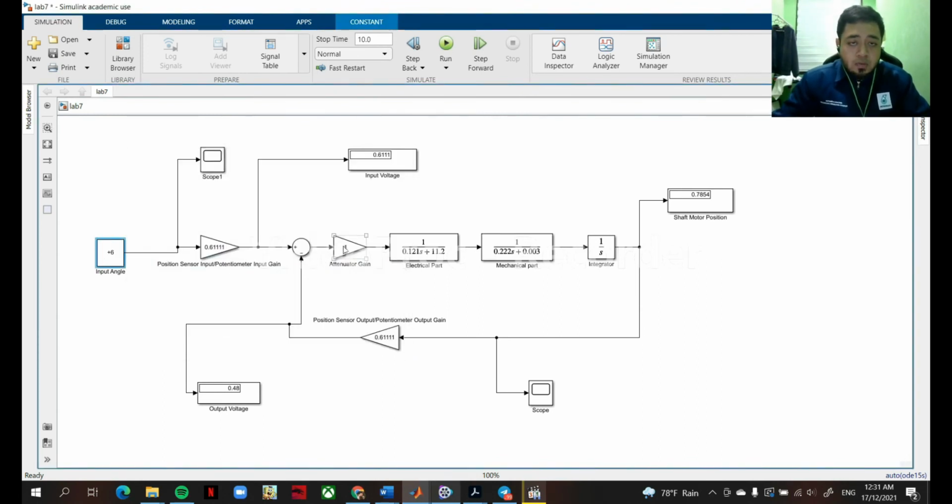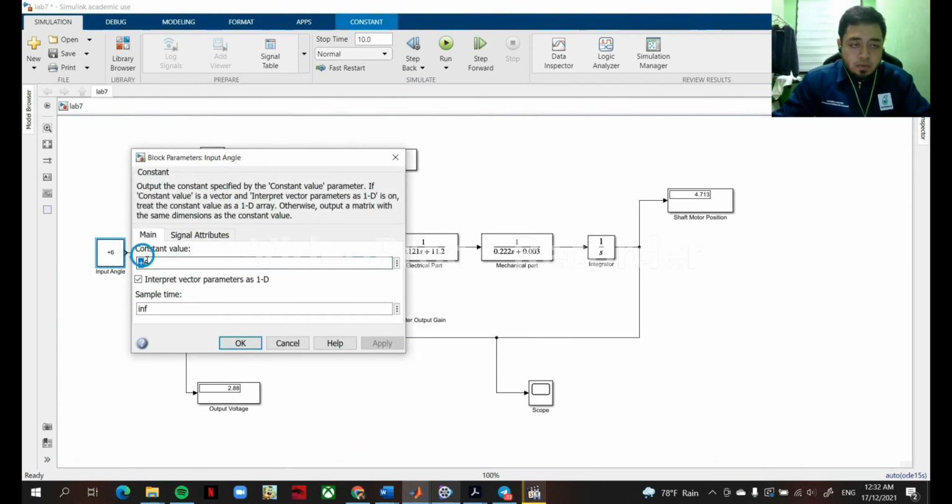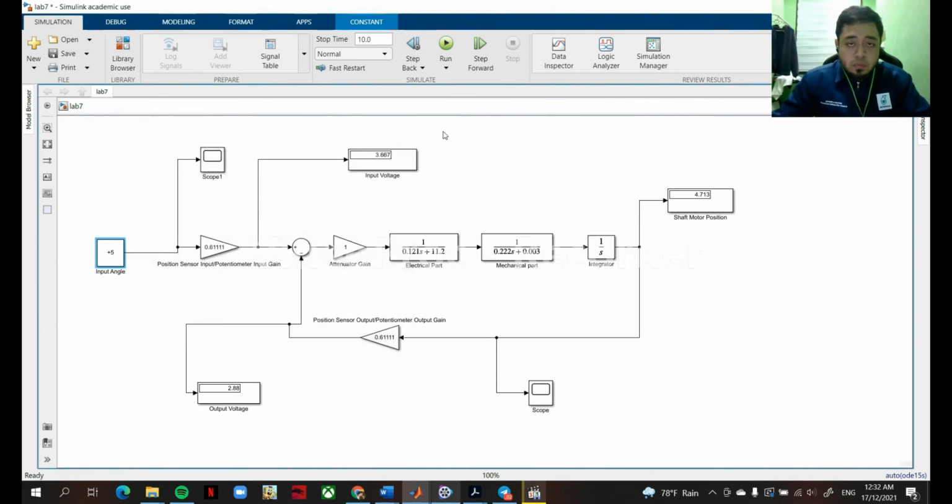The attenuator gain is 1 and then we run. Don't forget to put the positive sign. Okay, the value of the motor position is 3.927. The input voltage is 3.056 and the output voltage is 2.4. That's for the input angle positive 5.